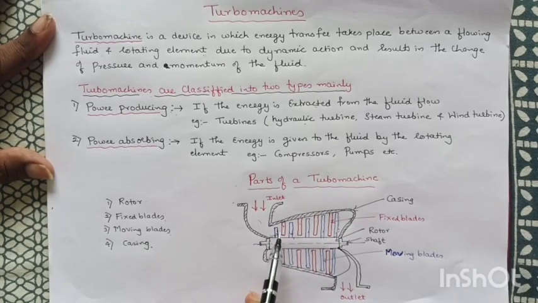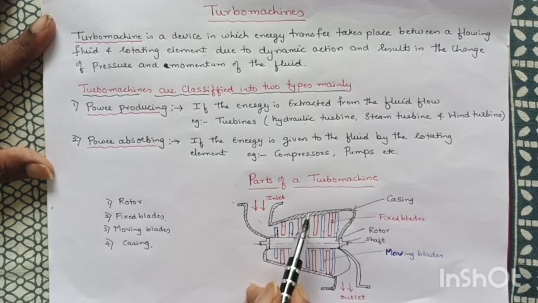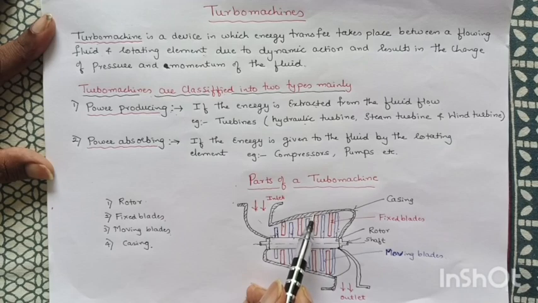It guides the fluid flow in a particular direction. At the same time, the function of the casing is also to avoid the splashing of the fluid, to avoid the fluid flowing outside. So this casing is provided.